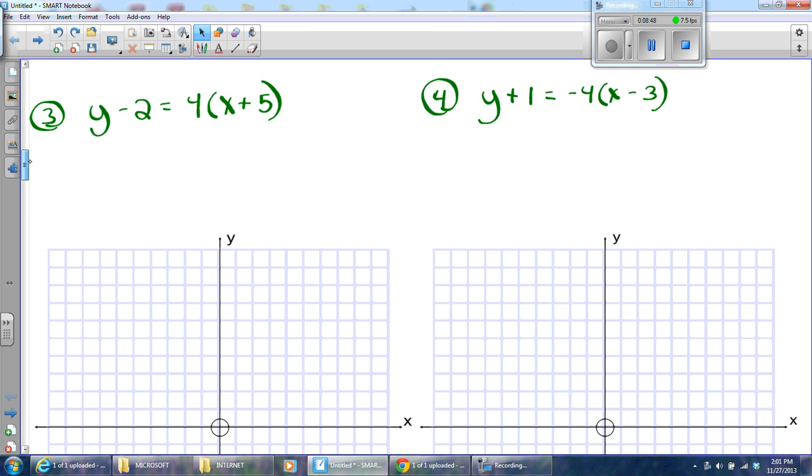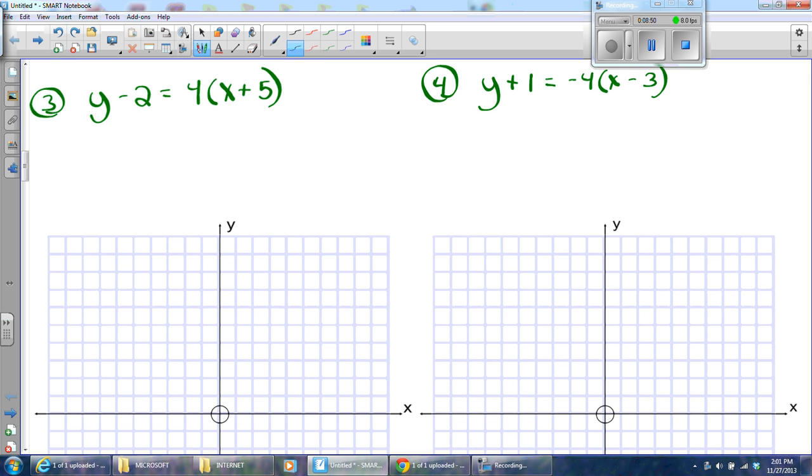So slide on down here. I'm in point slope form, and so I'm going to identify the slope. I'll do 4/1. The point will be (-5, 2). 1, 2, 3, 4, 5, 1, 2. Okay, my slope will be up 1, 2, 3, 4, and right 1. 1, 2, 3, 4, and right 1.